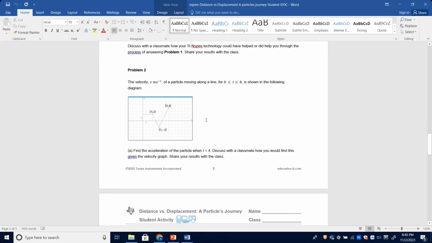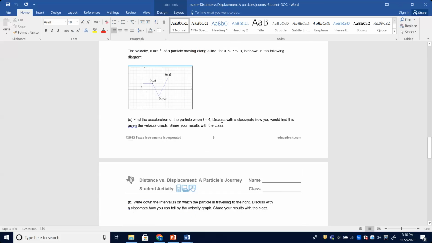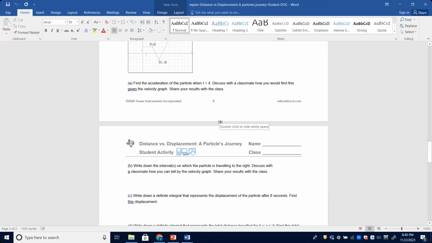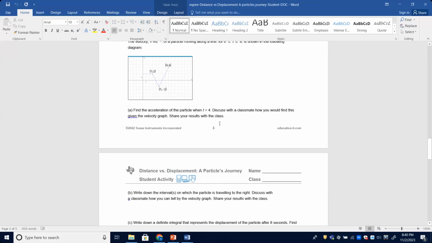So then we get into another problem. Now we're doing a graphical situation, and I really love the Nspire screen because I'm allowed to put in the grid form. So they're going from velocity first to acceleration, but then they're going to go up to displacement so they can find the area.